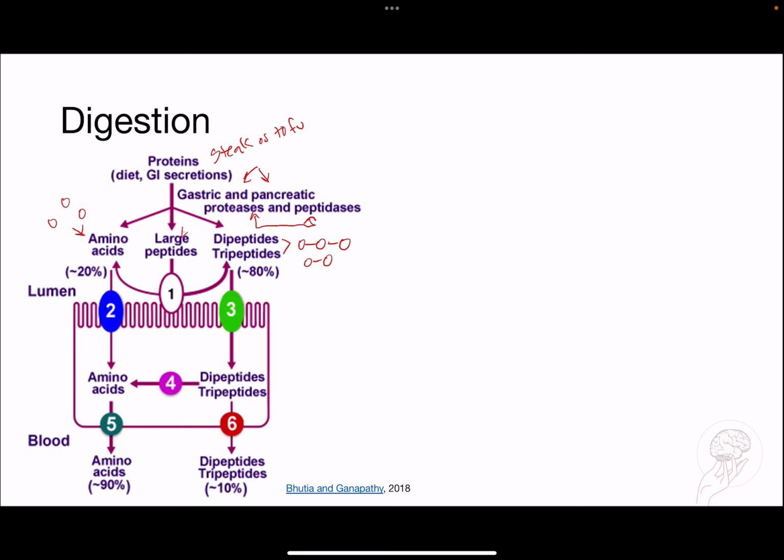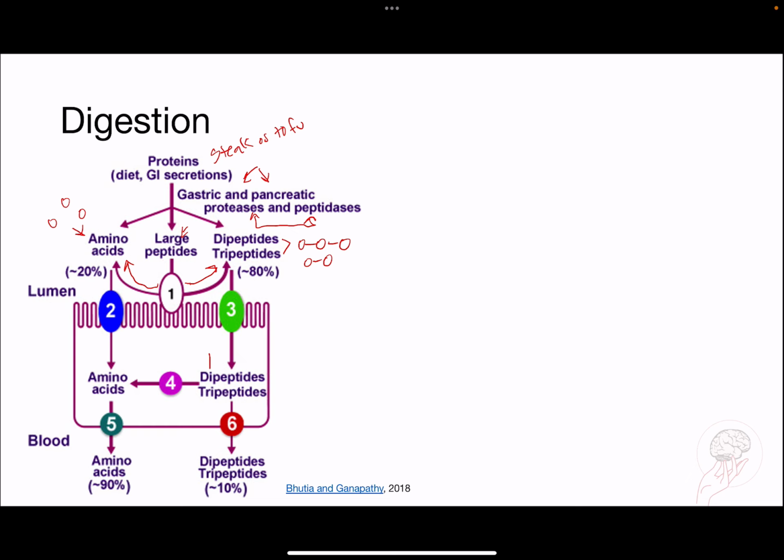And then there are some large peptides that might still be intact, but mostly it's going to be di and tripeptides and amino acids. These large peptides actually have to either be broken down into single amino acids or di or tripeptides to get into the cell.